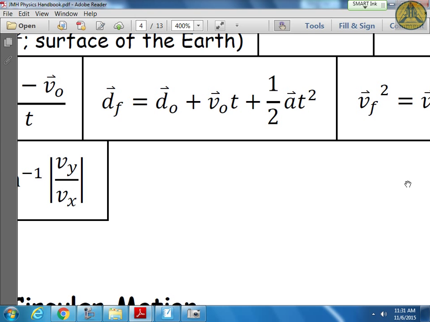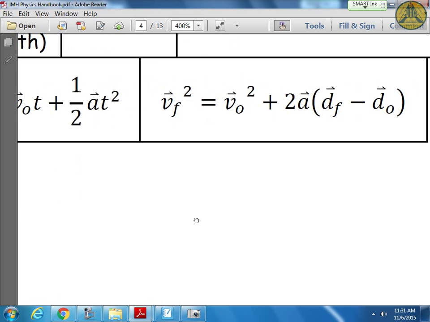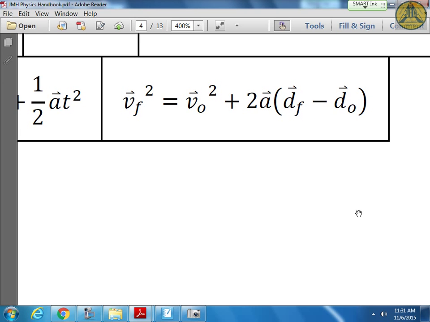So I'll write it out. Initial position plus initial velocity times t plus 1/2 at squared. So that final position is 0 plus 0t plus 1/2. Oh, t is 12, sorry. Put my numbers in.